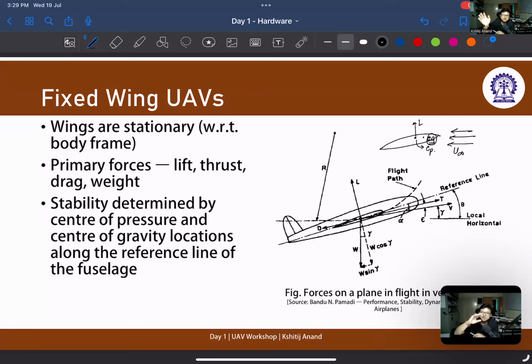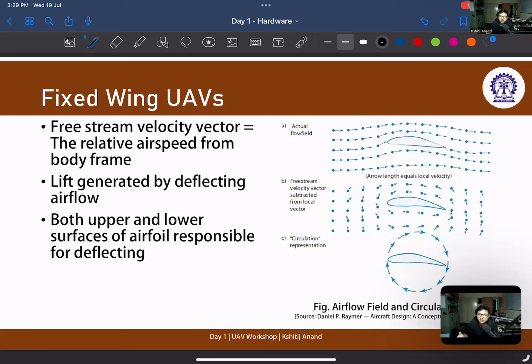So how do these airfoils generate lift? Again, I have kept this slide because I knew there would be people from diverse backgrounds. I guess everyone has studied Bernoulli's theorem in high school or for JEE purposes, and they know more or less how lift is generated around an airfoil.